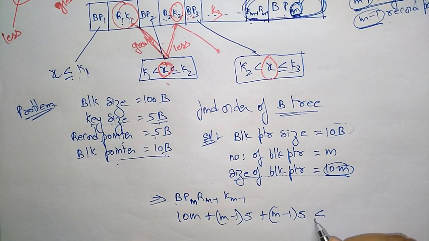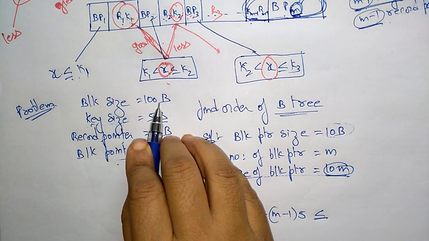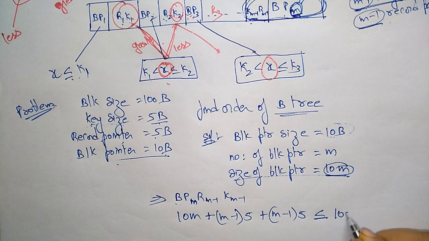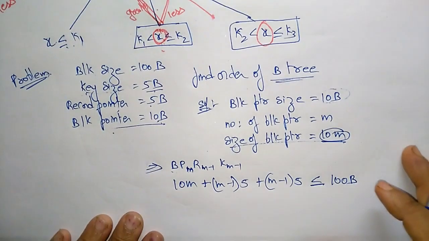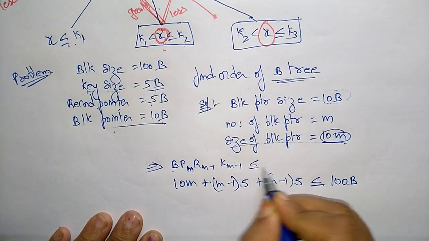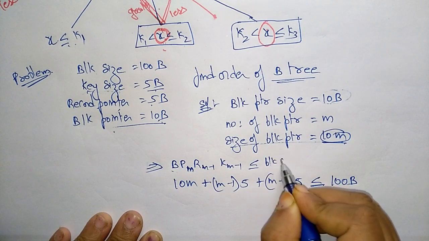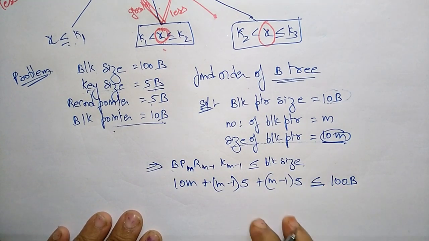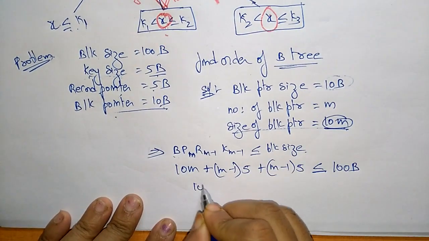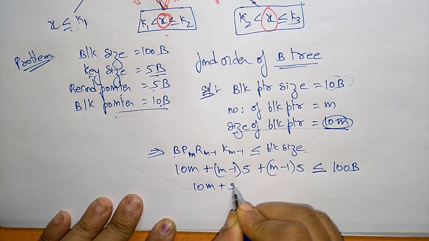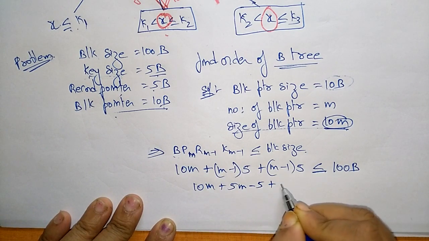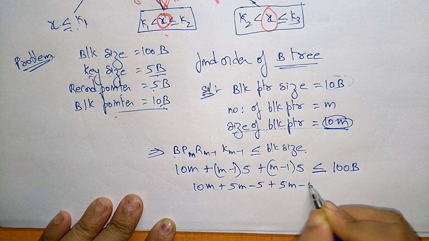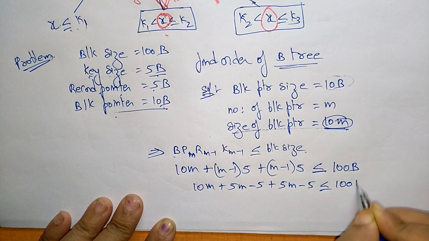That should be less than or equal to the block size, which is 100 bytes. Now calculate: 10M plus 5M minus 5 plus 5M minus 5 is less than or equal to 100 bytes.